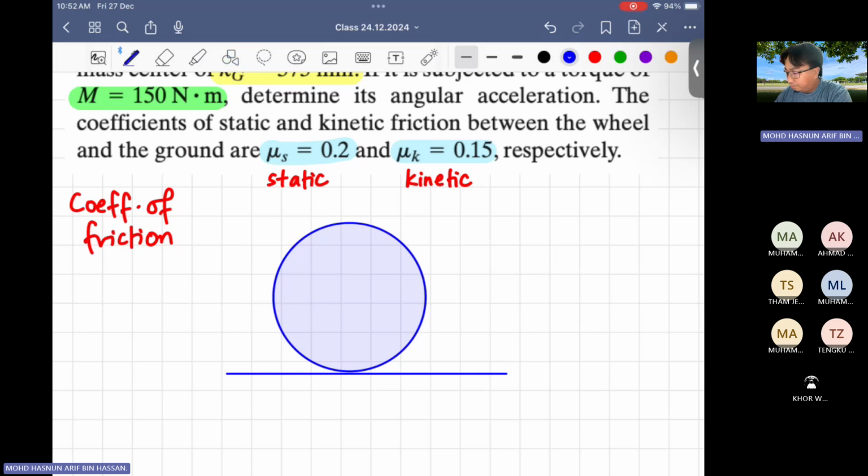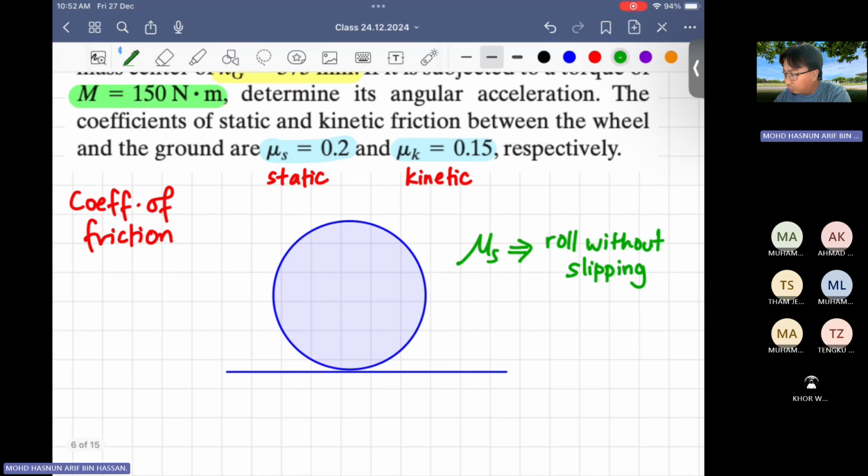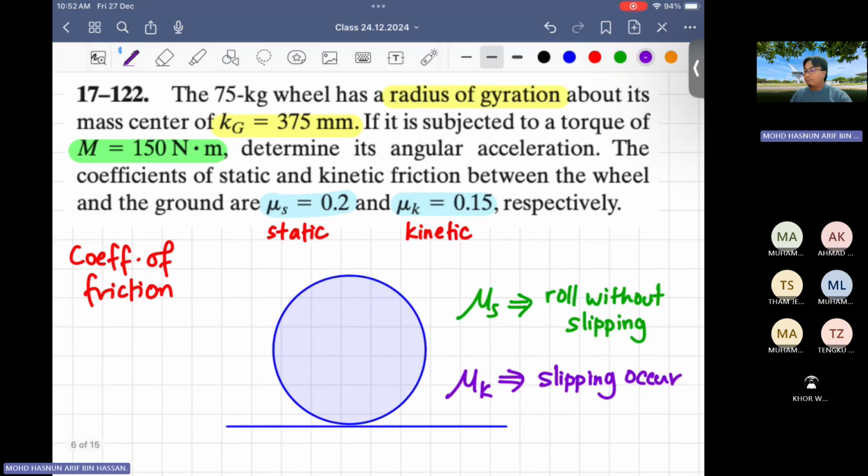Mu s, like our friend said just now, is for rolling without slipping, which means that there is no sliding motion occurring. Then you use mu s. Whereas mu k is used when slipping occurs. So back to our question here.